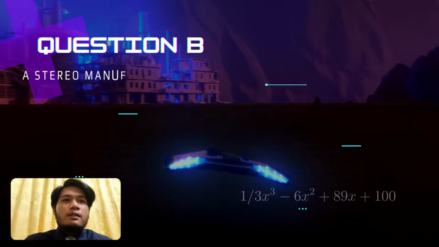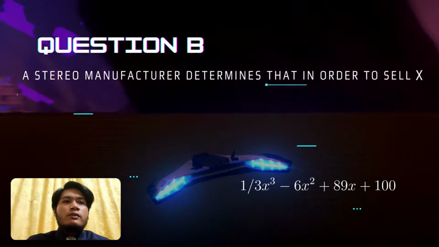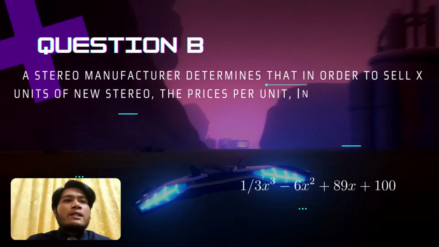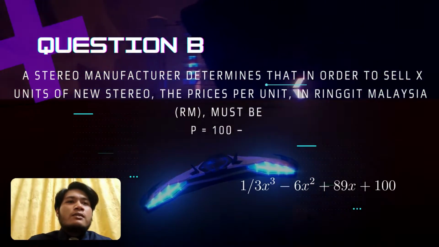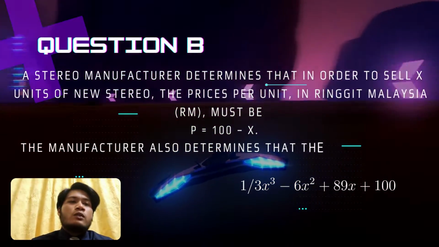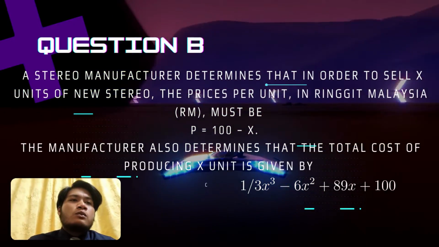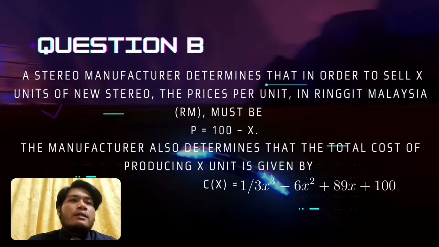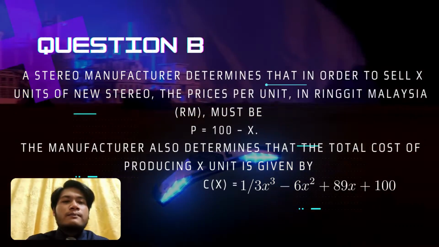For question B, a stereo manufacturer determines that in order to sell x units of a new stereo, the price per unit in ringgit Malaysia must be P equals 100 minus x. The manufacturer also determines that the total cost of producing x units is given by C x, which is 1 over 3 x cubed minus 6x squared plus 89x plus 100.